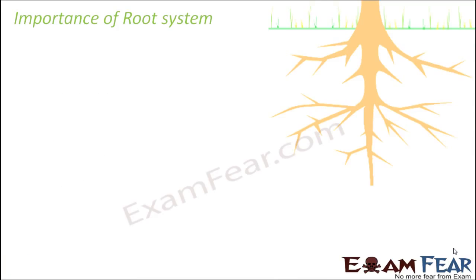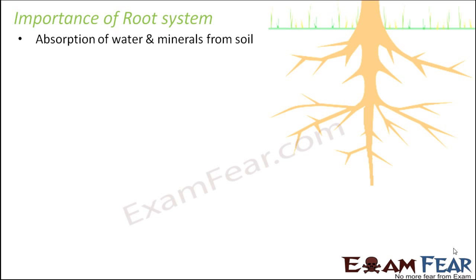So with whatever we have studied so far about root, what all did we study? What is root? What are the different parts of a root? What are the different types of root? What are the different modifications of root? So based on that, what can we say about the importance of root system? So we can say that besides the so important primary functions, roots also help in performing so many special functions.